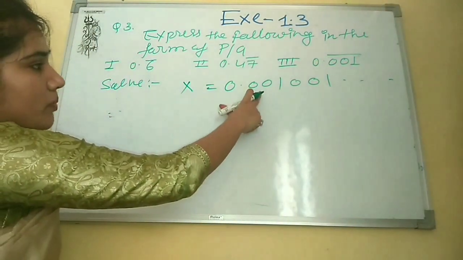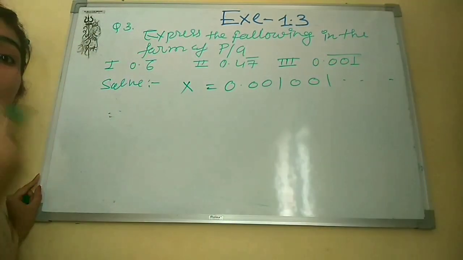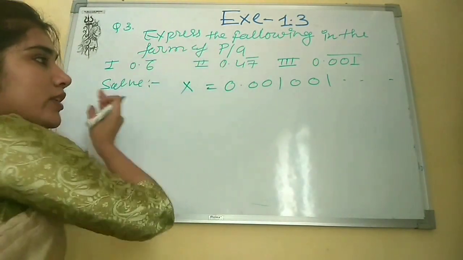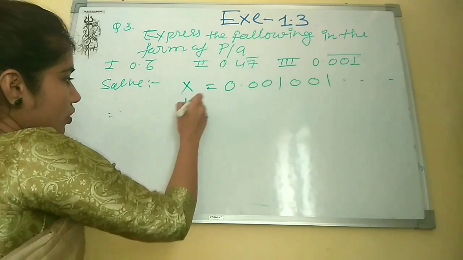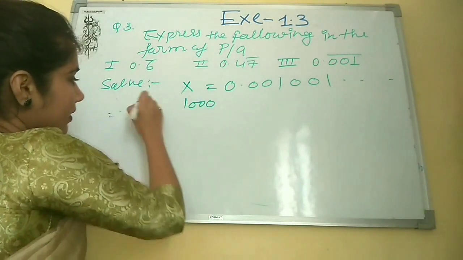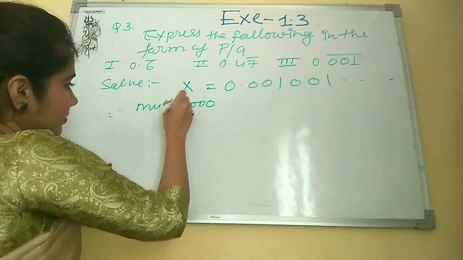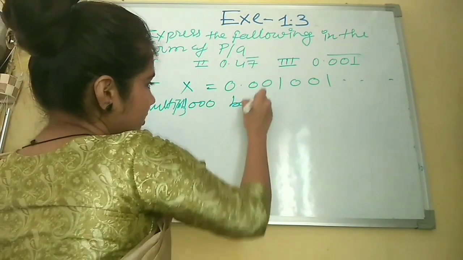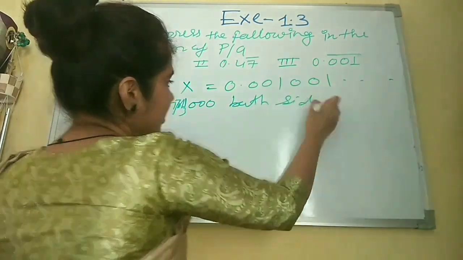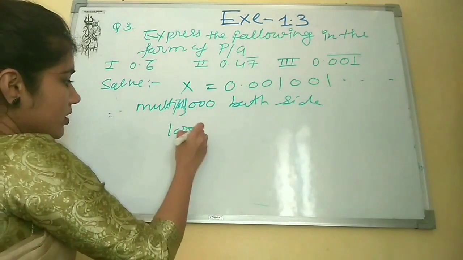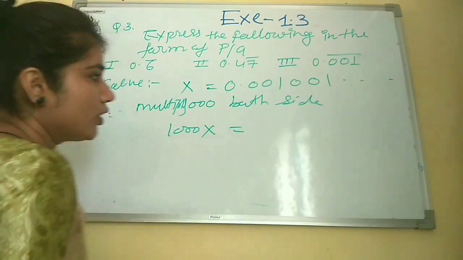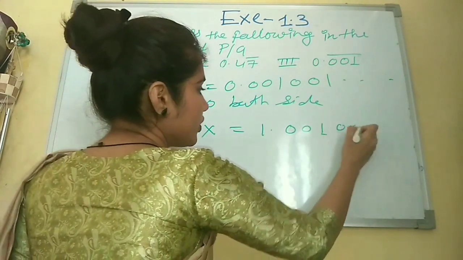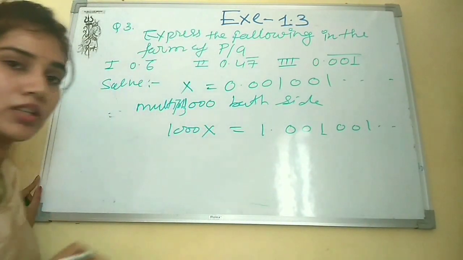So what will we multiply? We will multiply by 1000 to bring all these digits before the point. So multiply by 1000 on both sides. What we will get? 1000x equal to 1.001001 up to infinite times.